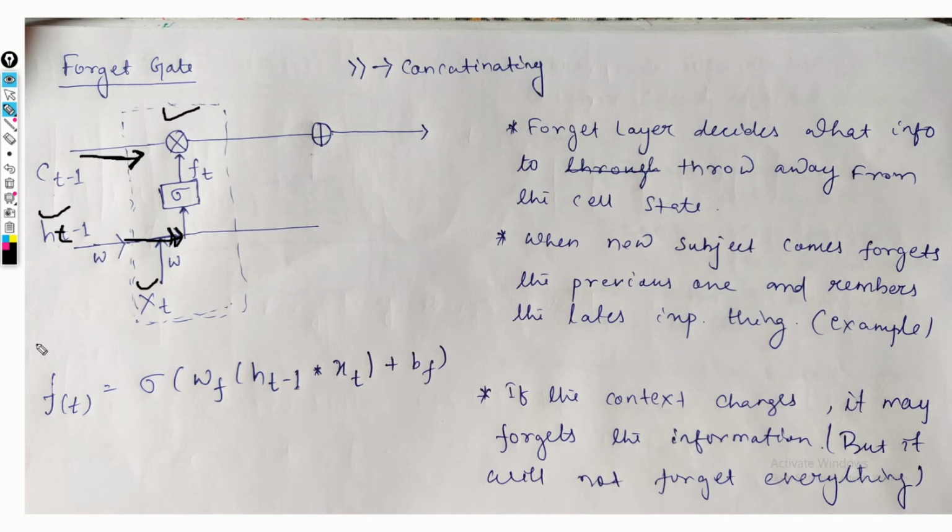So if you concentrate on this function, this is nothing but a linear function, right? This is a weight, and this is any input x plus some bias. Y is equal to mx plus c, you can see. So this information we are passing through the sigmoid function.